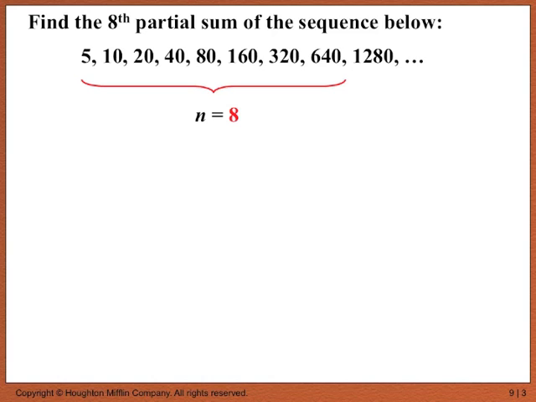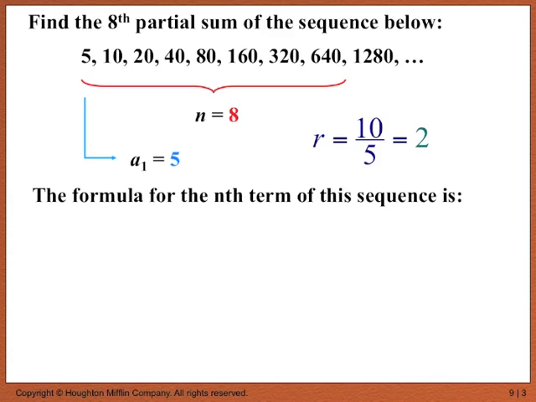So our n is 8, the number of terms is 8, and our a sub 1 is 5. That's obvious, this is the first term. And our common ratio is 2. Now, how do we get 2? Well, 10 divided by 5 is 2, 20 divided by 10 is 2, 40 divided by 20 is 2, 80 divided by 40 is 2, etc. So that's our common ratio. Then we know we're definitely dealing with a geometric sequence.